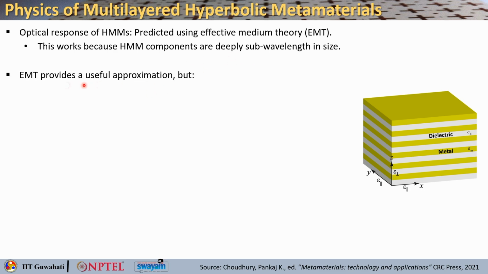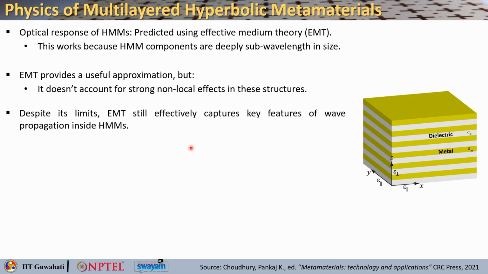So, effective medium theory can provide you very useful information. However, it does not account for the strong non-local effects that take place within the structures. However, even within these limitations, you will see that effective medium theory can capture the key features of wave propagation inside hyperbolic metamaterials.